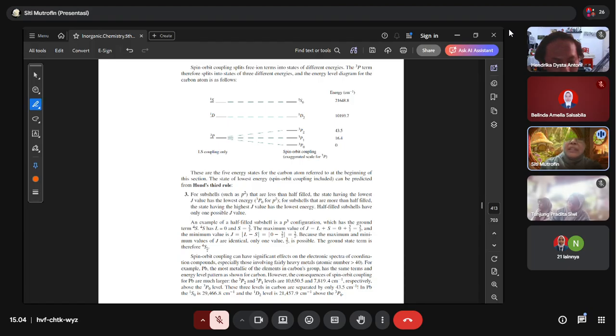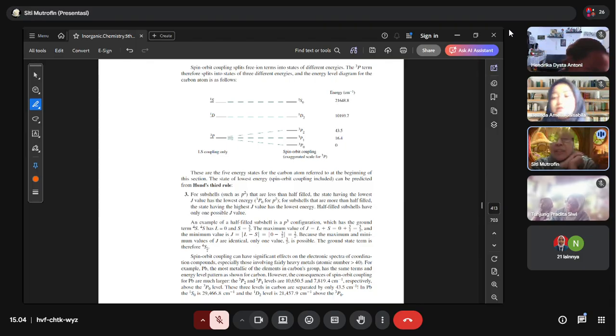Any questions? Why do they arrange the energy states like that? Any questions? So, people in the class or the audience, do you already understand all of that?